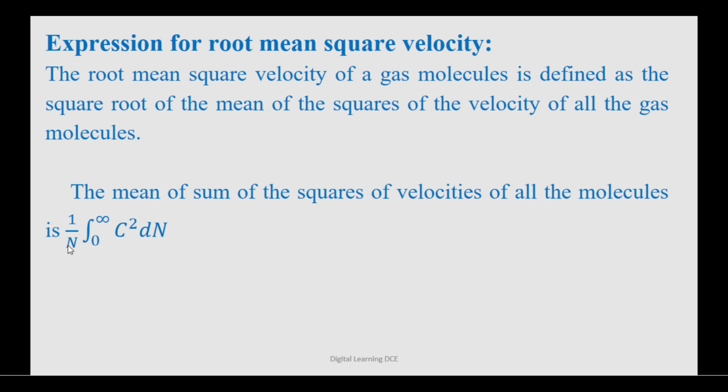Here n represents the total number of gas molecules in the system, and the integral represents the sum of the squares of velocities of all the gas molecules. This term is divided by n, the total number of gas molecules, and the equation represents the mean of squares of velocities of all the gas molecules.